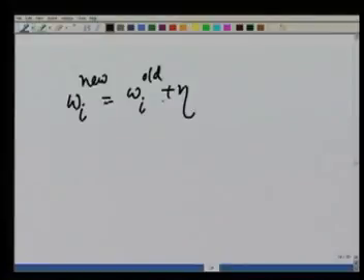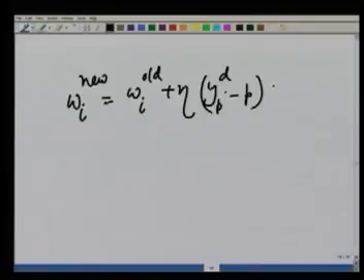You remember this eta becomes plus because I have a negative sign, y_d^p minus y^p, into x_i, and this pattern will be there. This is the pth pattern, and sigma p equal to 1 to n. So, this is my total learning algorithm that I talked about.